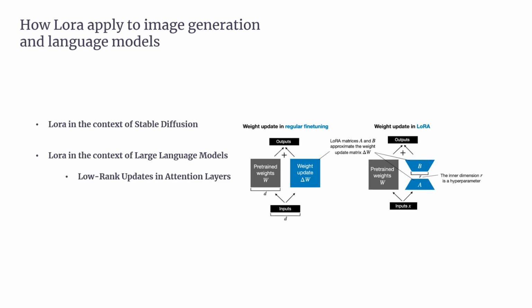1. Low-rank updates in attention layers. LLMs like GPT use self-attention to capture dependencies between different tokens in a sequence. LoRA applies low-rank modifications to the query, key, and value matrices in the attention layers of the model. Just as with Stable Diffusion, the goal is to adapt the attention mechanism to task-specific knowledge, for example, sentiment analysis or translation, by learning only the low-rank matrices, not the entire set of model parameters.